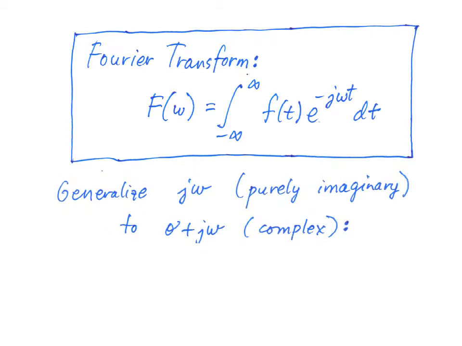Take j omega in the exponent and convert this purely imaginary constant product to sigma plus j omega, thus giving it a real part, making it complex. There it is.